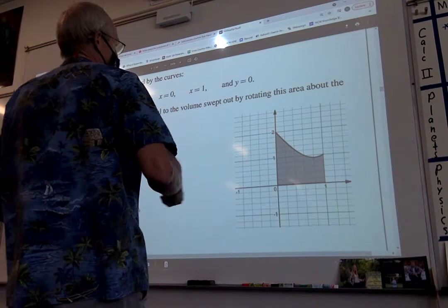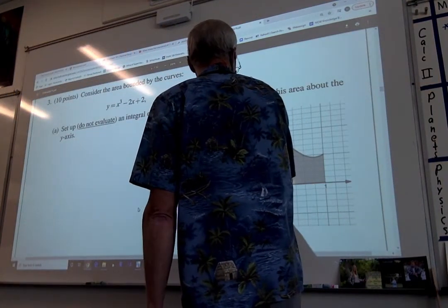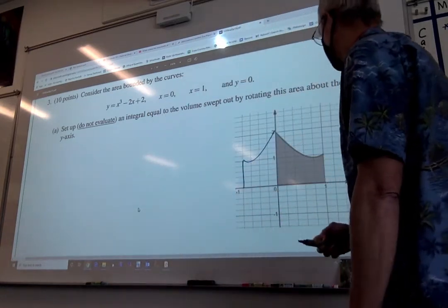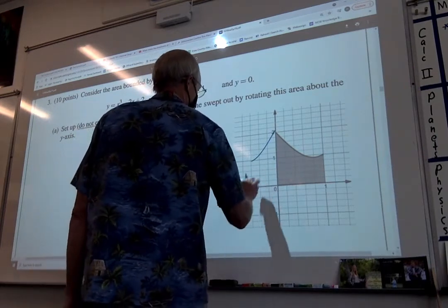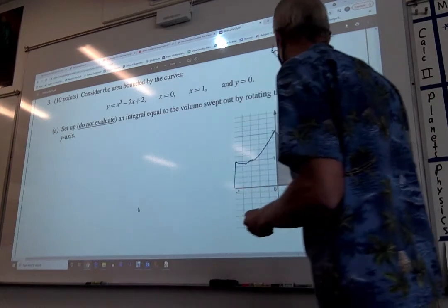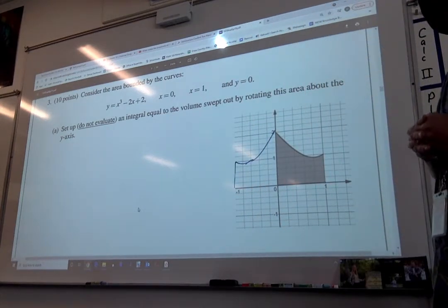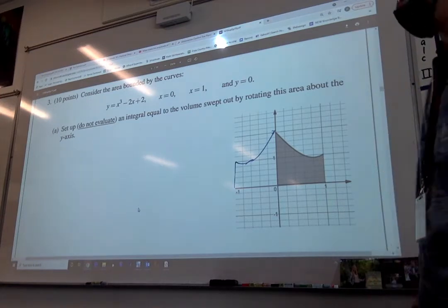Rotating this area about the y-axis, it's going to look like this. Whatever, get the idea. They say don't evaluate, so either it's a hard integral or it's so easy that we don't want to waste our time.